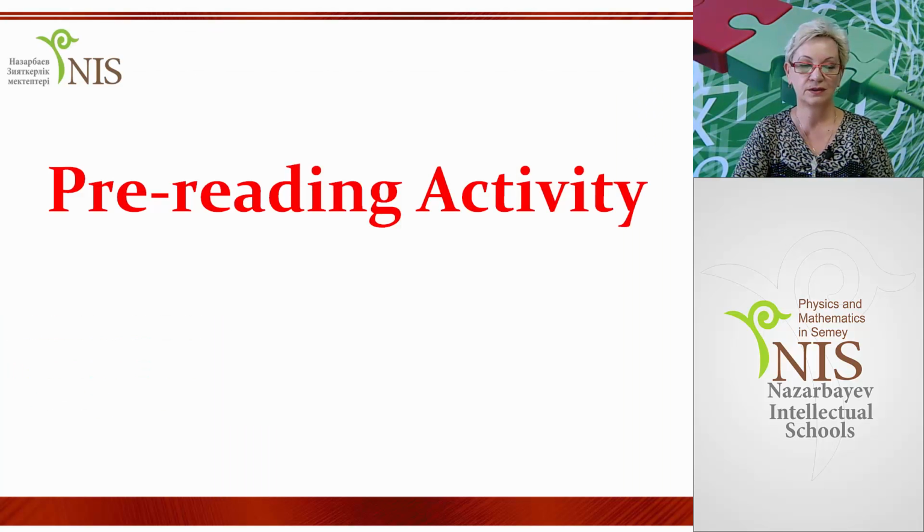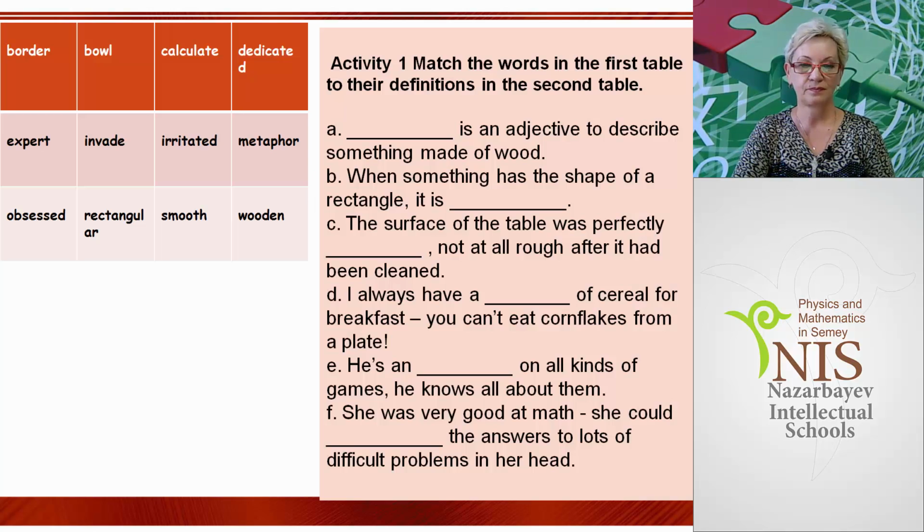Now we are going to do some vocabulary work. Please look on the left side. You can see here 12 words of vocabulary: border, bowl, calculate, dedicate, expert, in weight, irritated, metaphor, obsessed, rectangular, smooth, and wooden.